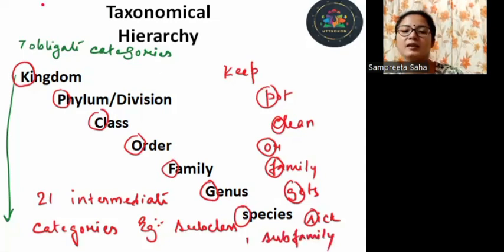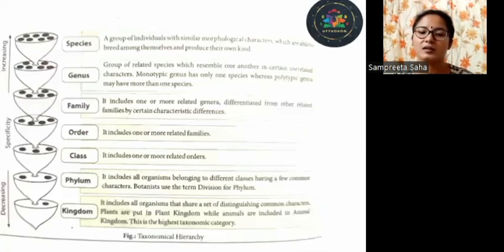These are all intermediate categories. So apart from 7 obligate categories, there are 21 intermediate categories. Now let us discuss the 7 obligate categories that we have.